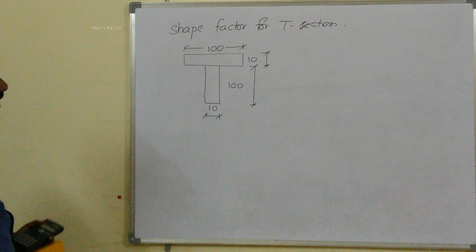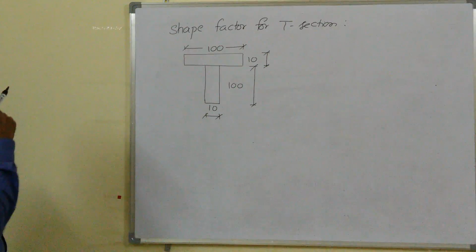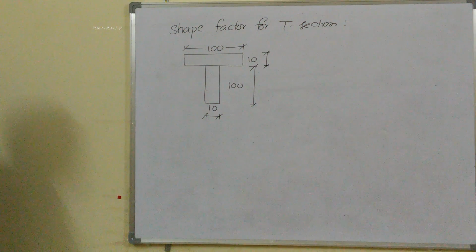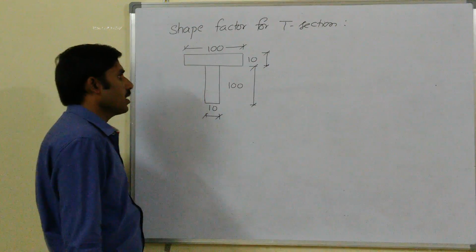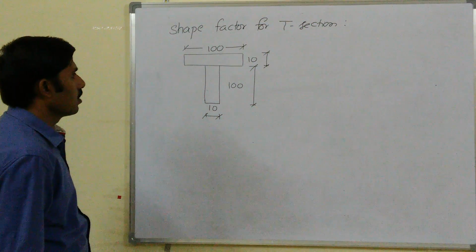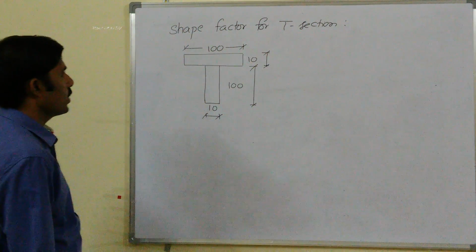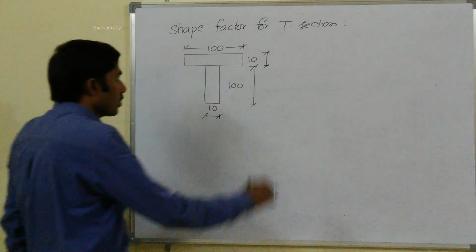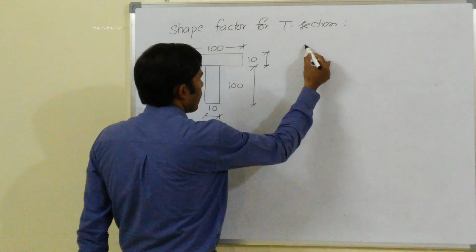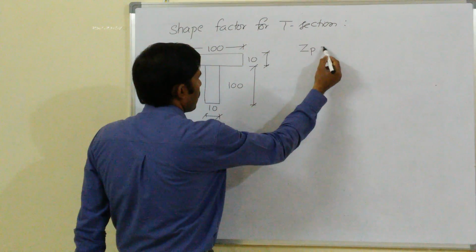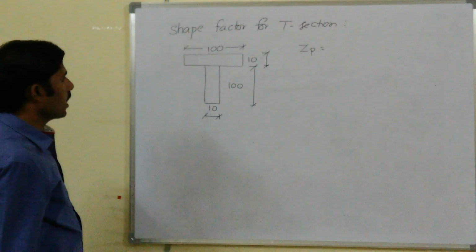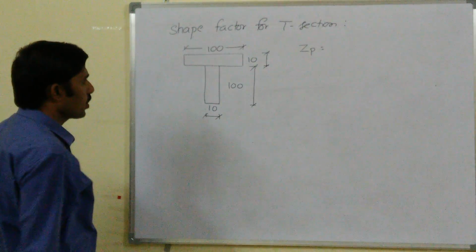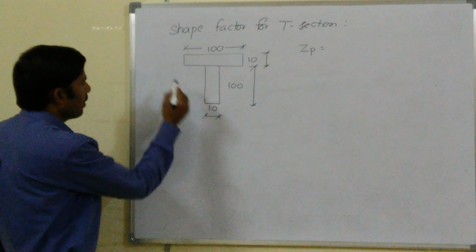So to find the shape factor S, we need to find Zp as well as Ze. It means plastic modulus as well as section modulus or elastic modulus. So first we will find Zp. Here, what is the total area? 100 into 10 and this is also 10 into 100, total 2000. So the equal area axis will be here.